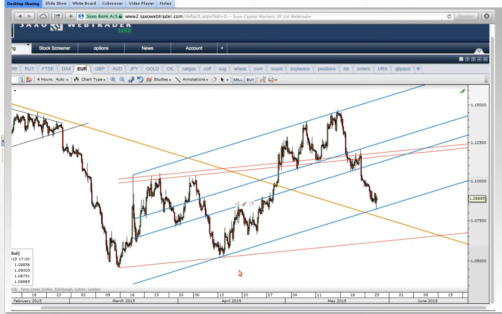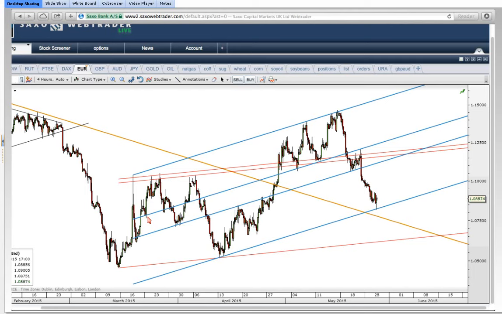You can see here's a support, here's a support, here's a small support, and then here's support, a bit more support here, and then it broke down, and here is a resistance, and another one, support, resistance, resistance, breaks back up, holds that support, and breaks it down.